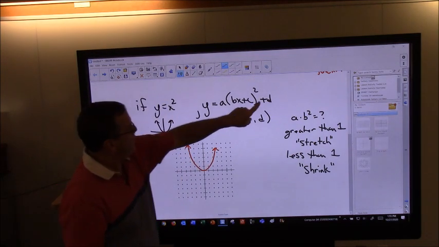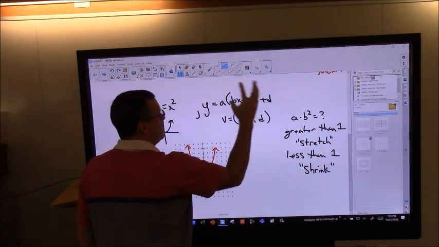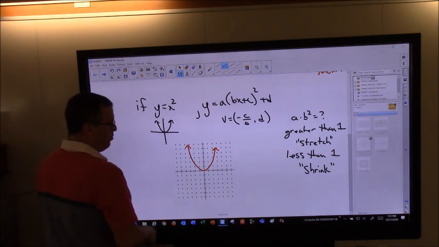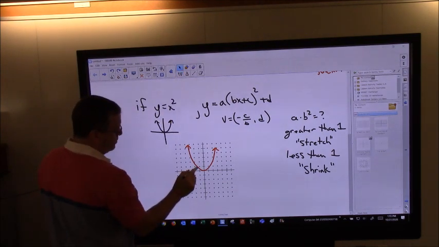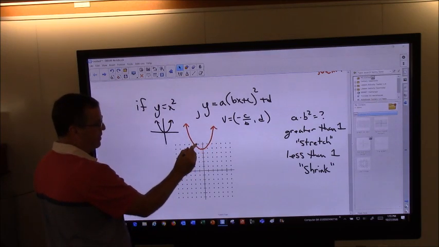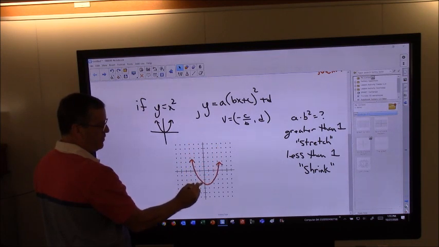Well, when I add d values here, what I'm really saying is add to whatever this produces. And it really means you're adding to the y values. So it takes this parabola and shifts it up, if your d value is positive. If your d value is negative, then it's going to shift it down a certain number of units.